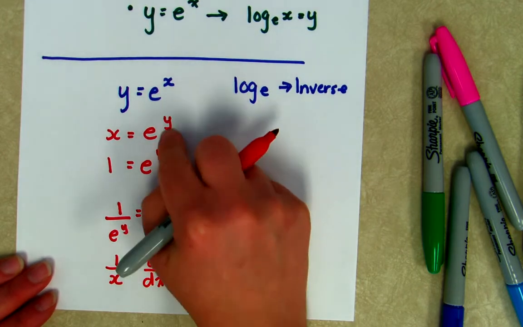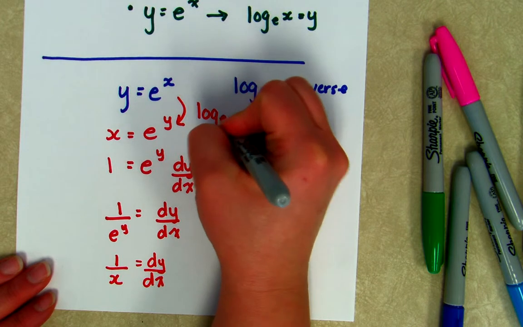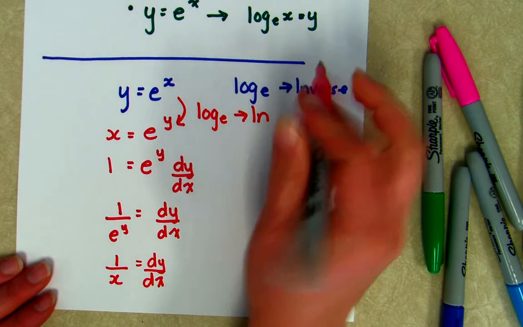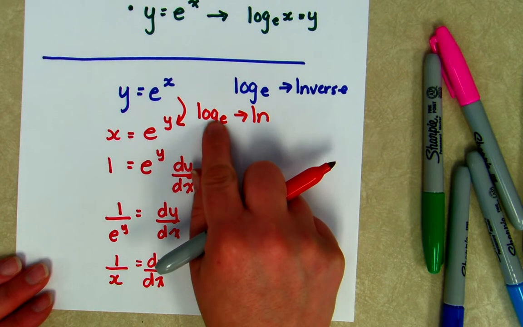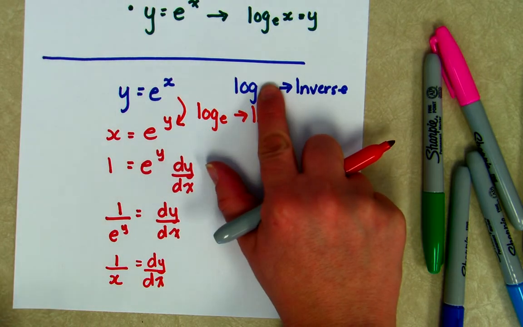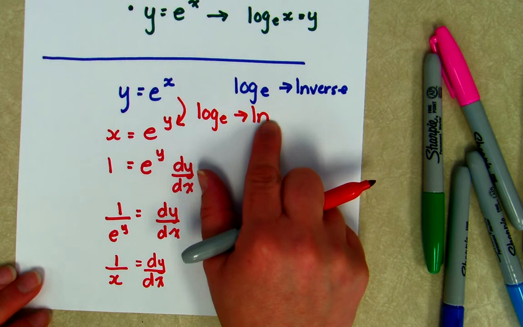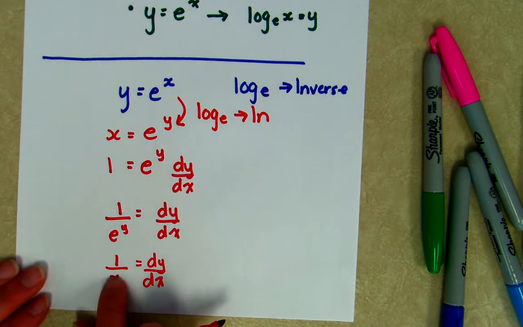And because when I did this and inversed it, I did log base e, which we call ln. So ln is just notation for log base e. Just like mathematicians said, if there's no base, we understand the base to be 10. If it's ln, we understand the base to be e. So the derivative of ln x is 1 over x.